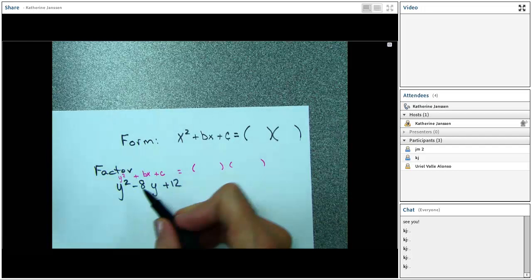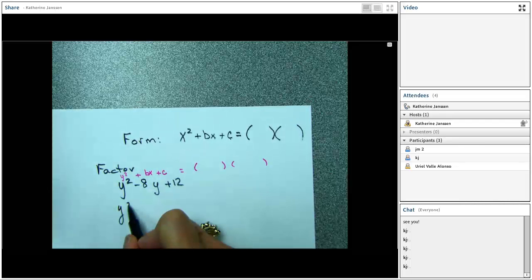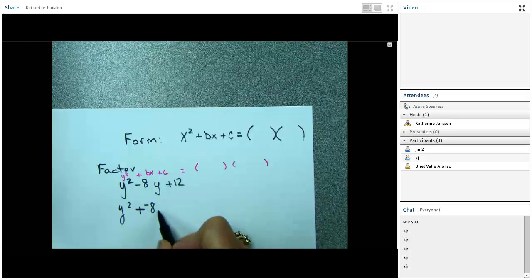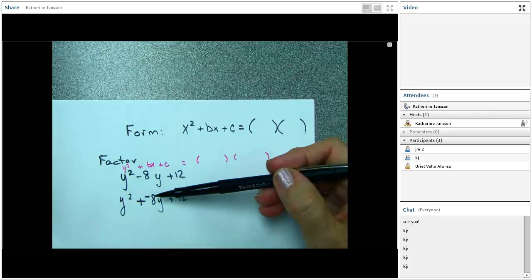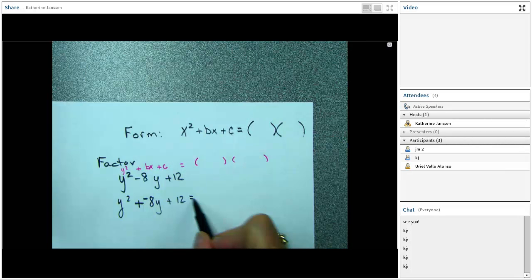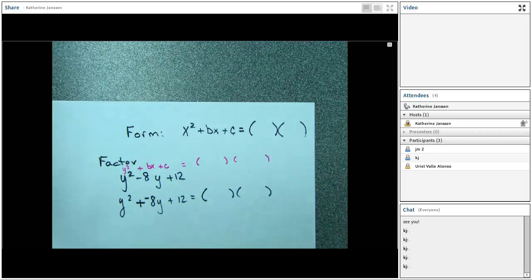Now we need to recognize that our middle term is negative 8y. Change subtraction to addition and add the opposite. So now we know the sign of the coefficient on the middle term. And still, we expect to factor that as a product of two binomials. Oh, let me take the first term. y times y would be y squared.